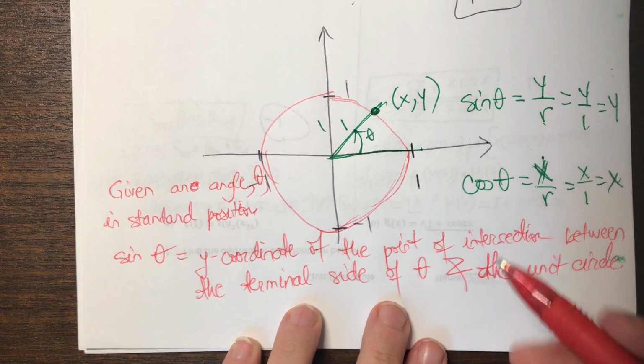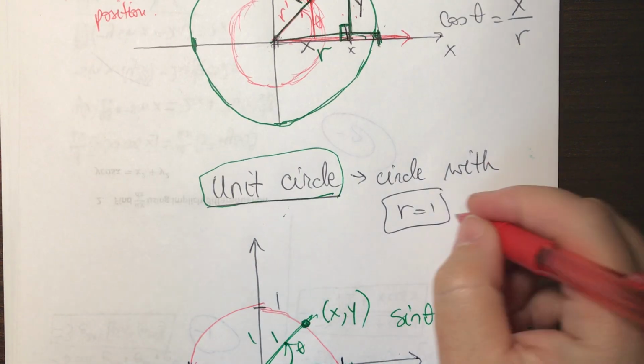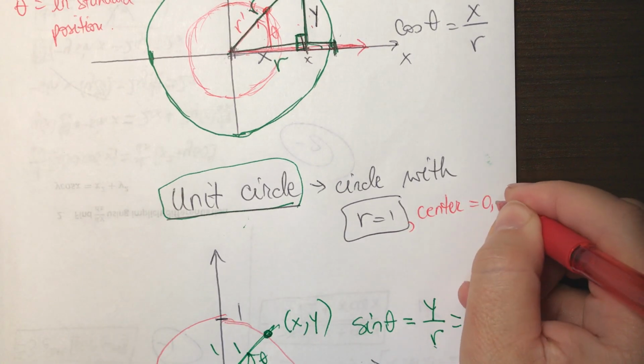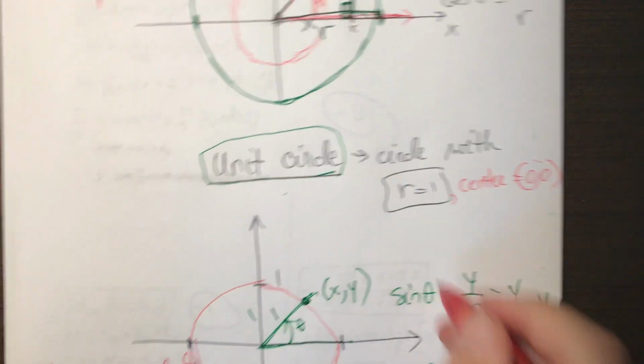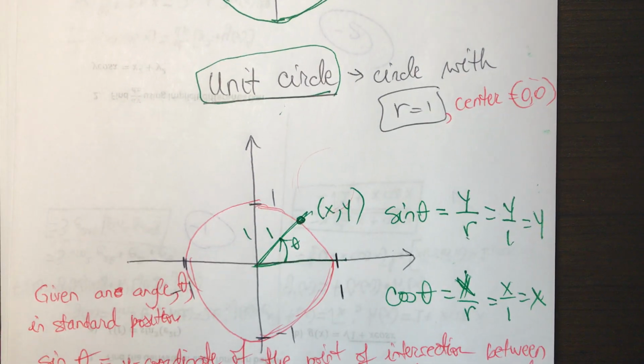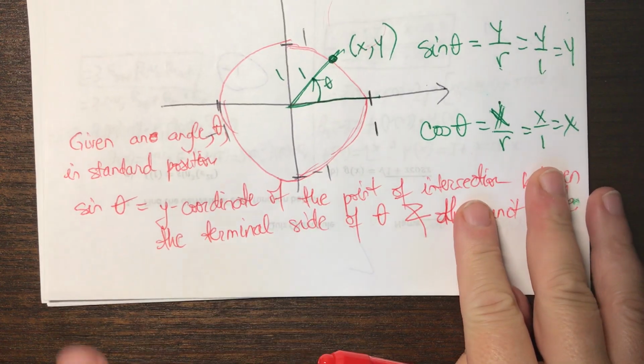And it should be clear, it's not just any circle of radius 1. The center also has to be at the origin, right? There are plenty of circles of radius 1 we could draw anywhere on the xy plane, but it's the one with the center at the origin. So when I talk about the unit circle, yes, we mean the center at the origin, radius 1.